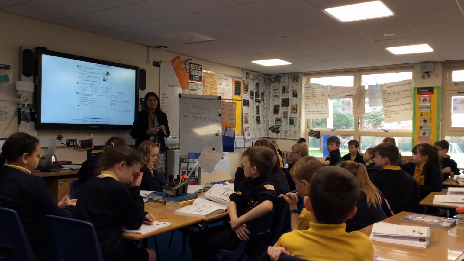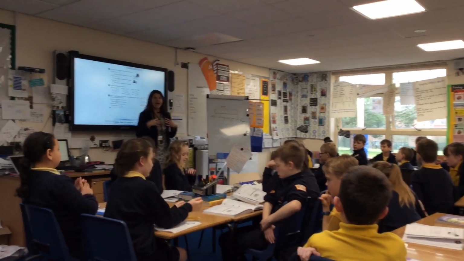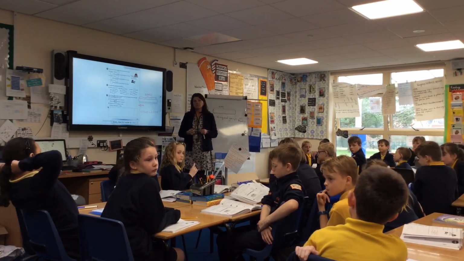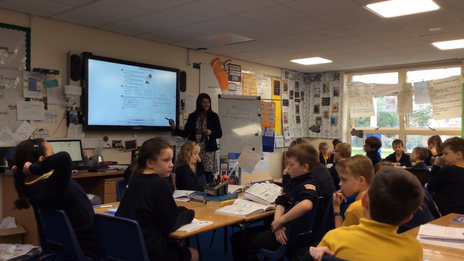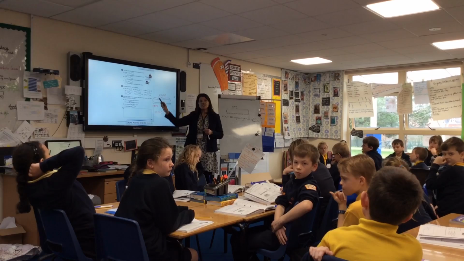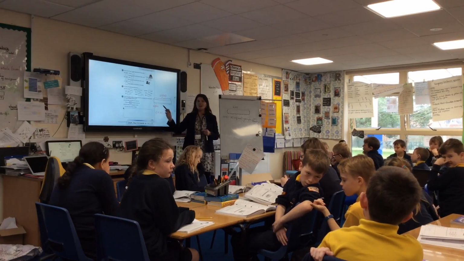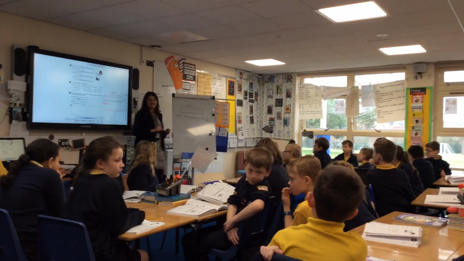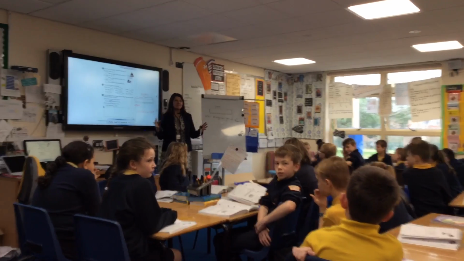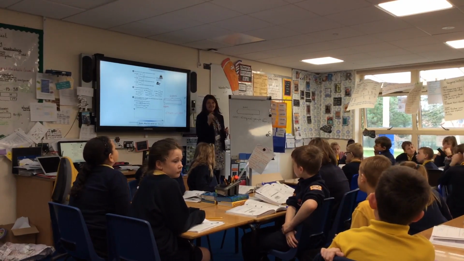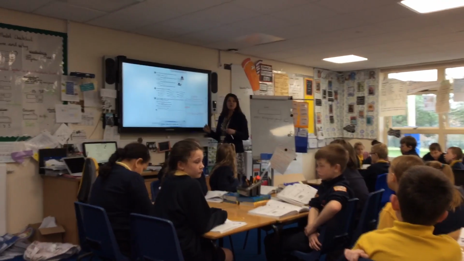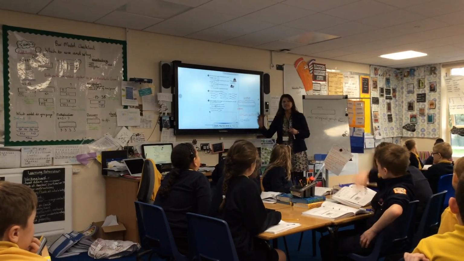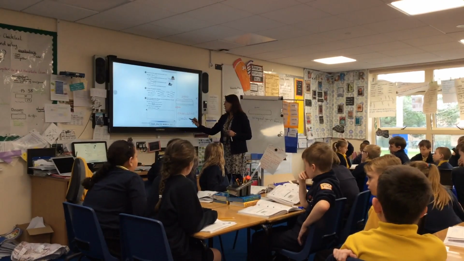What's the number sentence that's going to enable us to find the answer for how many jars in total? So I had 10 jars, and in each of these 10 jars, I'm then dividing them into 10. So how many equal groups of 10 have I got? So what's the number sentence that's going to enable me to work that out? 10 times 10 equals, Evie, 10 equal groups of 10 are 100.